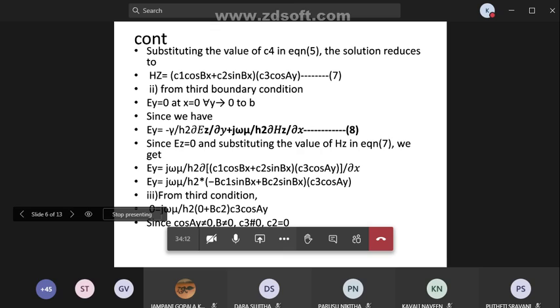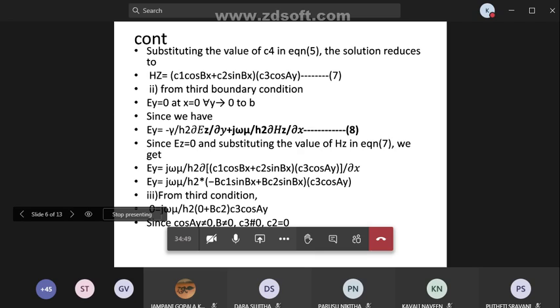So from the third boundary condition, Ey equal to 0, right? So substitute Ey equal to 0. Then you will get 0 equal to j omega mu by h square C3 cos Ay into b C2. Here cos Ay not equal to 0 and b not equal to 0 and C3 not equal to 0.